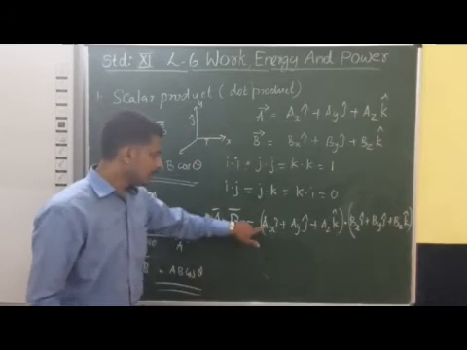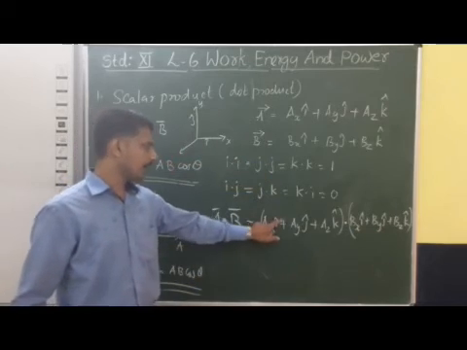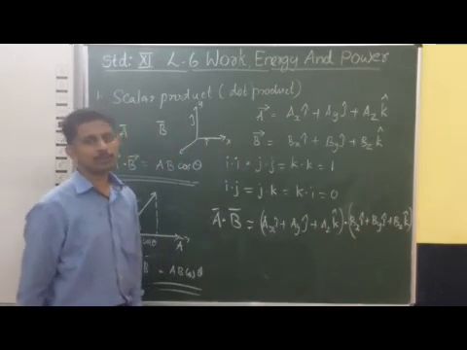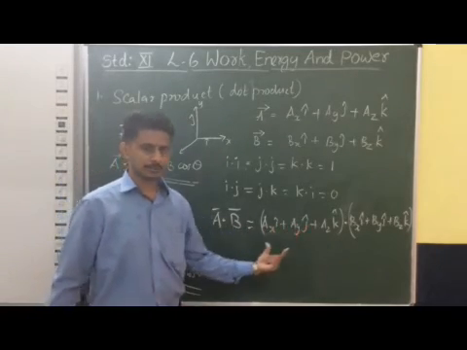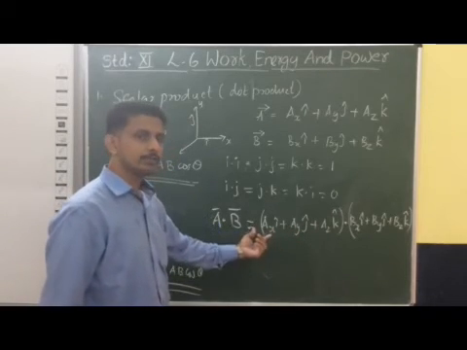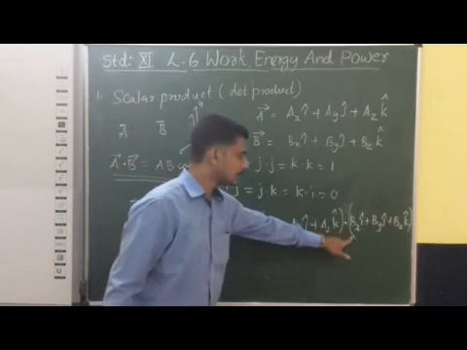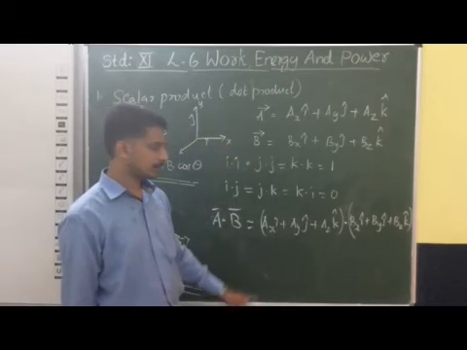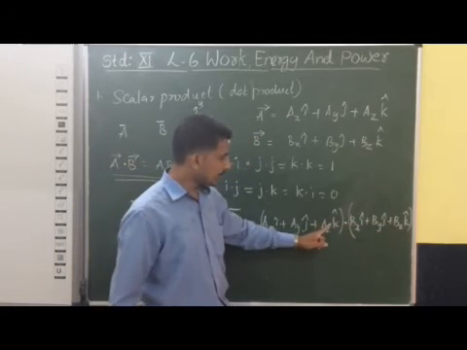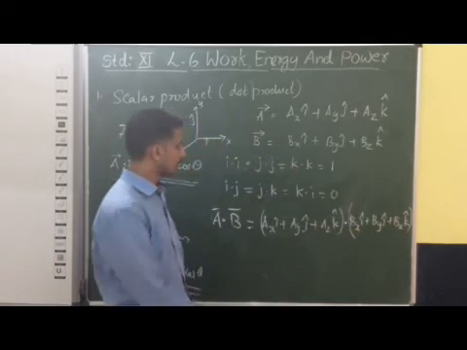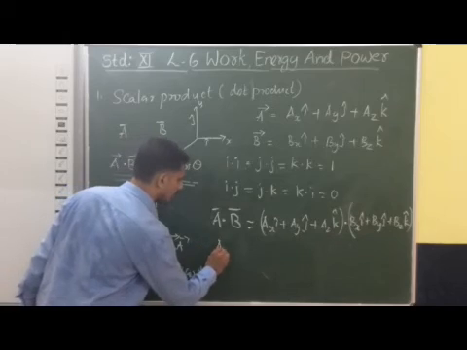All other terms, like AX i with BY j, will be 0, because i dot j is 0, so there is no need to consider them. Similarly, AY j with BY j, and AZ k with BZ k.